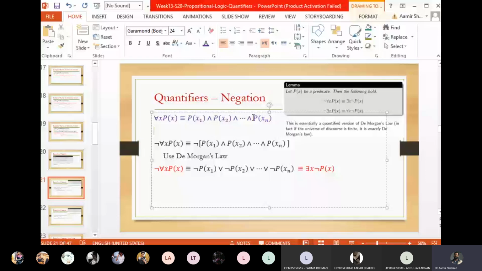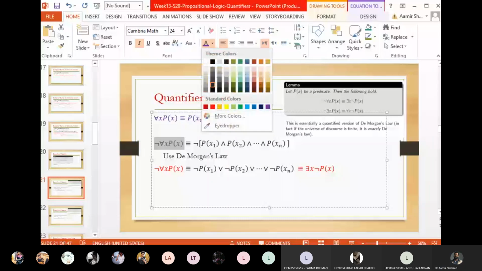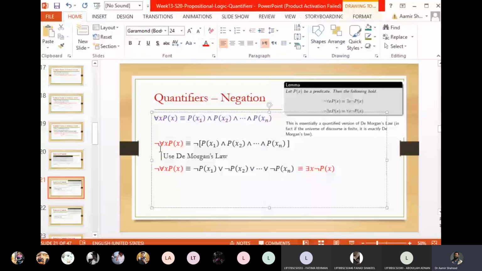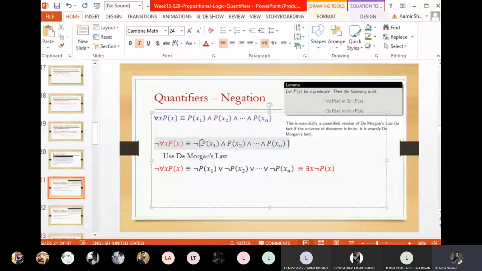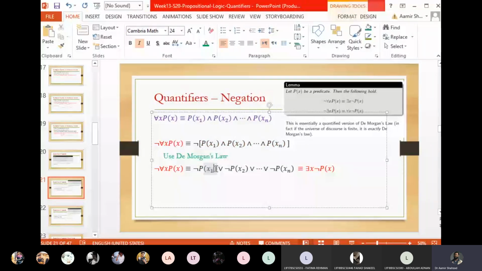So when we are going to do negation of it, जब हम इसकी negation कर रहे हैं, so negation of universal quantifier means we are going to do negation of this AND operator, conjunction की negation. So हमारे पास AND operation हो रहा है और बाहर इसकी negation है, so we can use De Morgan's law. So according to De Morgan's law, AND operator is converted into OR operator, और जो उसके अंदर individual variables हैं उनकी negation हो जाती है.